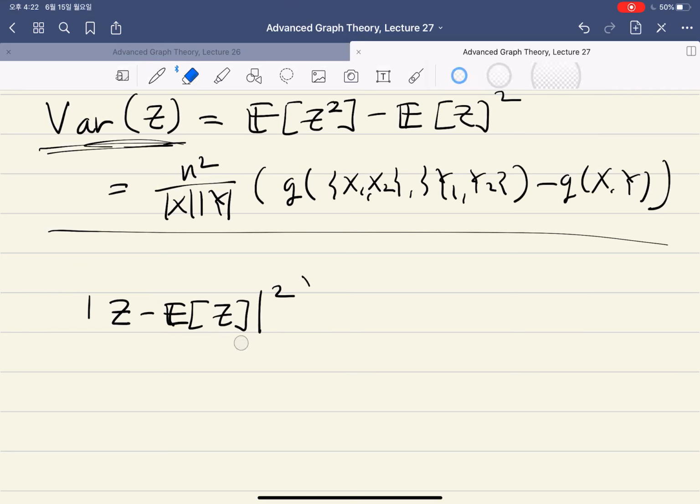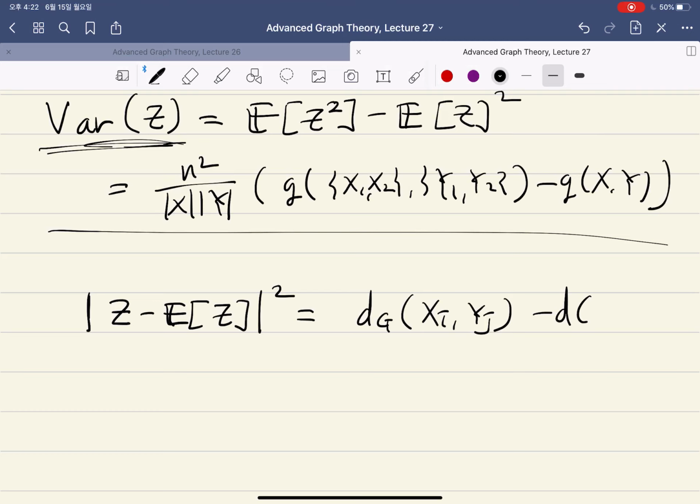So let's see how this works. We want to show that this has a large value with certain probability. But what's this? This is the density between Xi and Yj minus the density between X and Y, squared. But if we choose well, if x is in X1 and y is in Y1, then we get this.